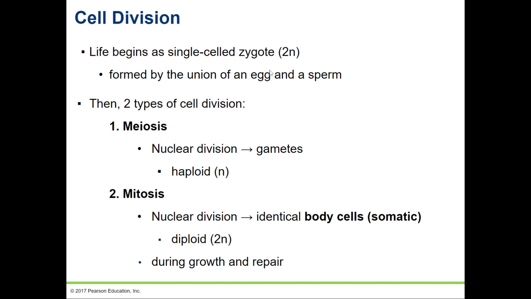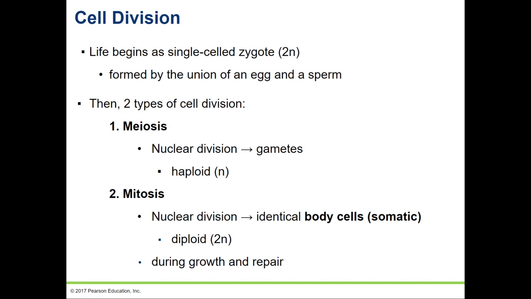Once fertilization occurs and we have a zygote growing, that initial single cell is going to duplicate itself through the process of mitosis. And here we're going to get identical cells all throughout your body.